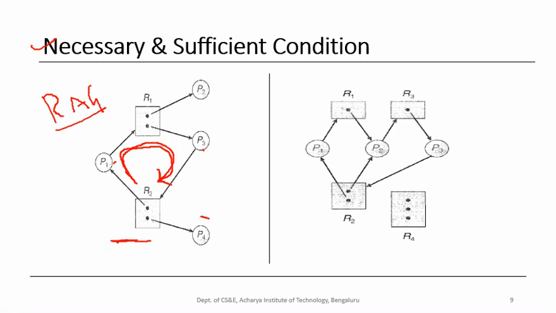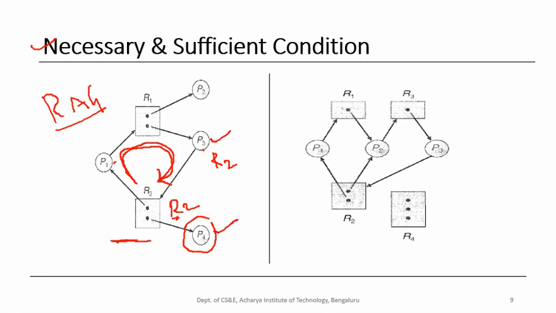Why is that? Because P4 has an instance of R2, so after some time it will release this R2, because that is the only resource that it wants. This R2 is given to P3, and P3 now has R1 and an instance of R2, so it can complete.